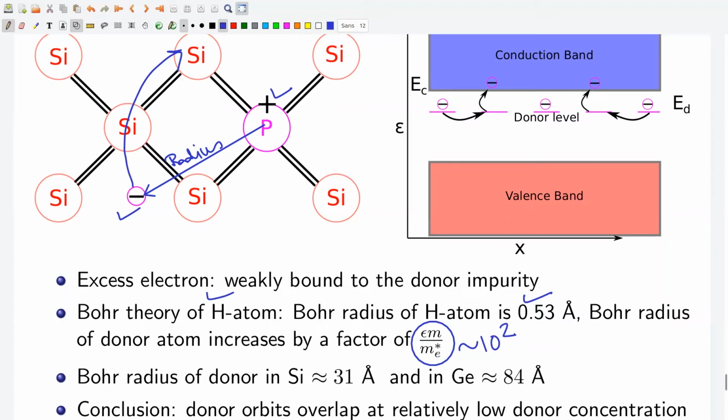In silicon or germanium, Bohr radius is very large. Bohr radius is so large that donor orbits overlap at relatively low donor concentration compared to the number of host atoms.